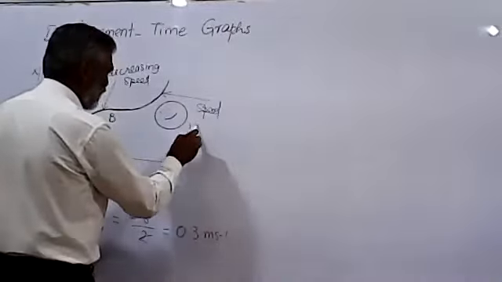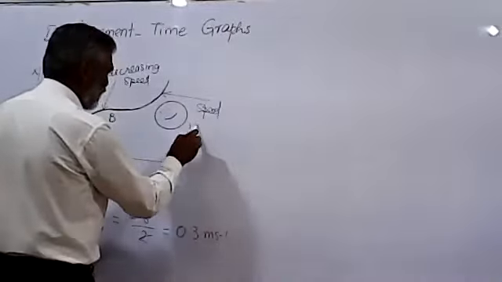There are no kinks here, there are no ups and downs here. It is a smoothly varying curve. That means this is decreasing speed, means there is a deceleration involved here, and this is increasing speed, so there is an acceleration involved here.